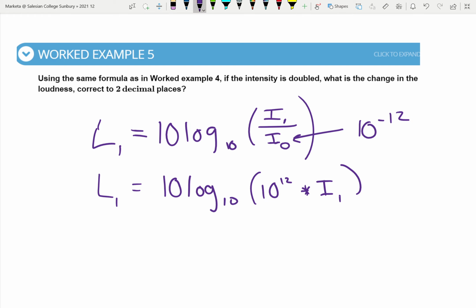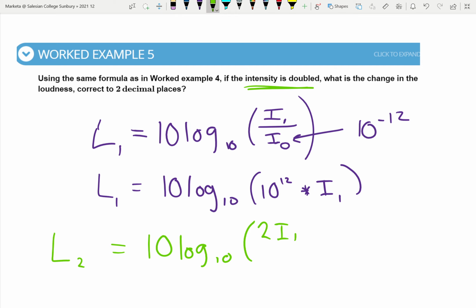And for the meantime, I'll leave that. Let's go to L2. So L2 is when we are doubling the intensity, so it's 2 times the original intensity. So we have 10 log 10 of 2 times I1 there, which equals I2.